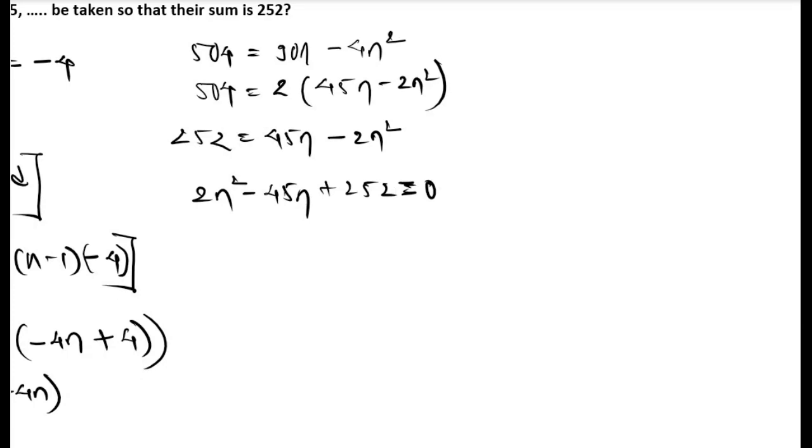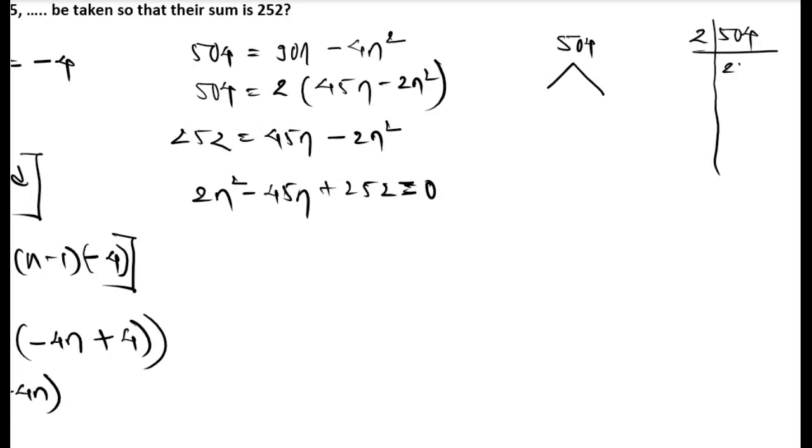Okay, so 252 twos are 504. If I take out factors of 504, I should get 45. So let me show you over here quadratic factorization by splitting the middle term of quadratic equation.